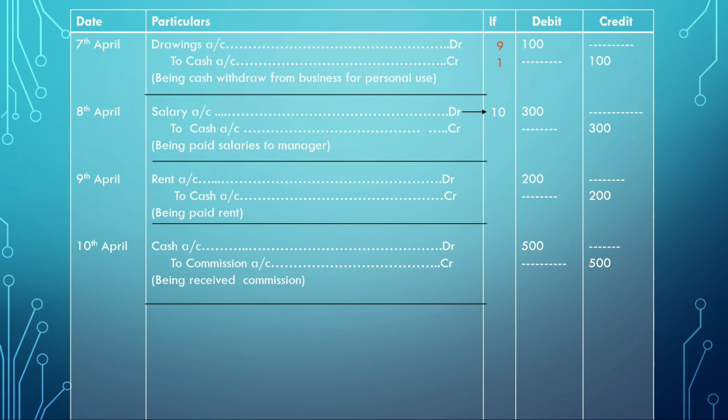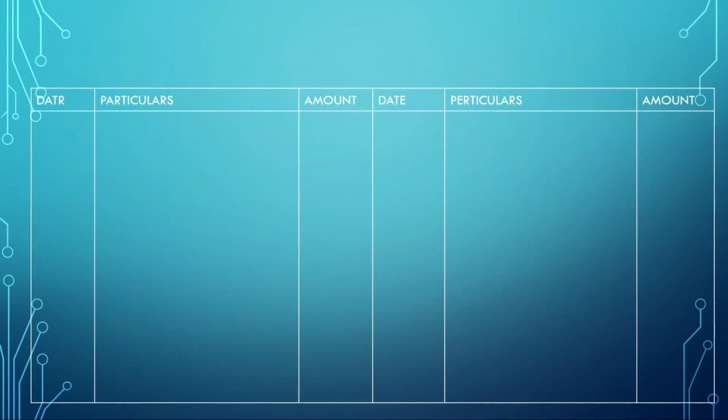So the salaries account is a debit and cash going out is a credit. So on 8th April the salaries account is debited. We write here this happened on 8th April with an amount of 300 rupees. So salaries are going outside in the form of what? Cash. By cash they are paying the salaries.